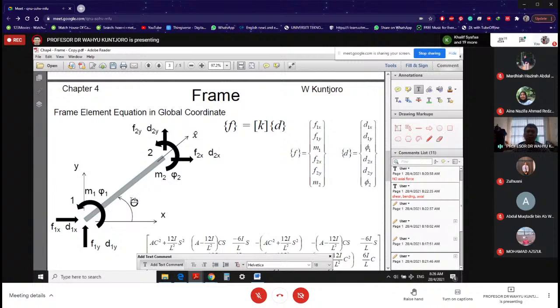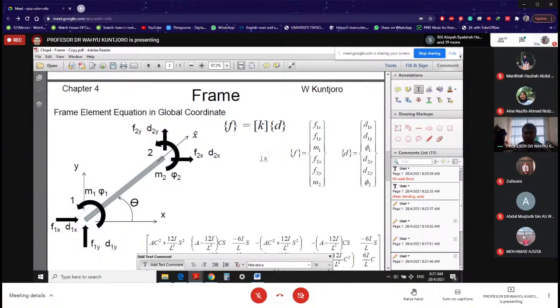So as usual, you will have it at each node. That's why you have F1x, F1y, M1, F2x, F2y, and M2. Those are the forces, which also include moment in this case now. Together with the force and moment, you will have your displacement, which now also includes rotation.